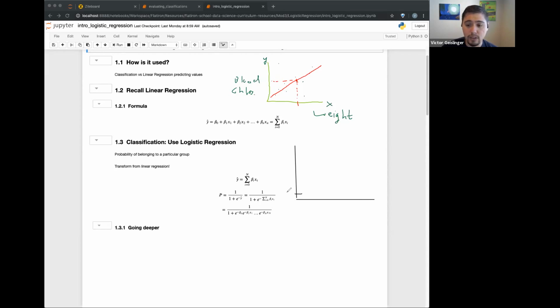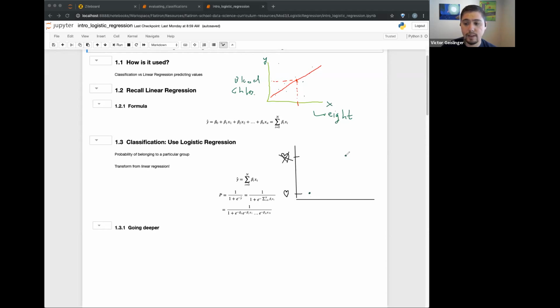Let's say heart disease. You either have heart disease or you don't, by some measure. So you have no heart disease, which is good, and then you have heart disease, which is bad. And so you're classified either here or here.